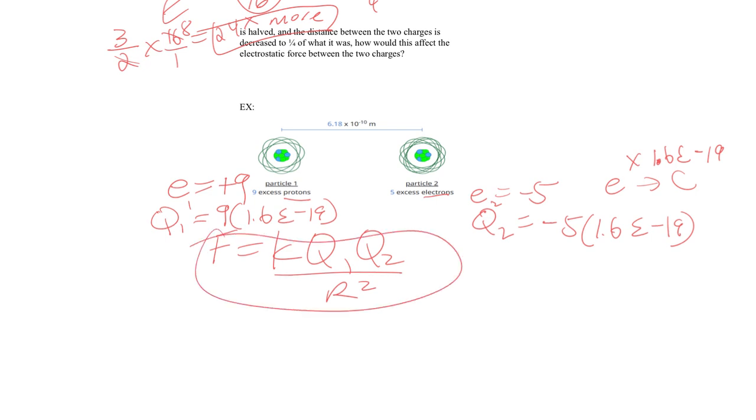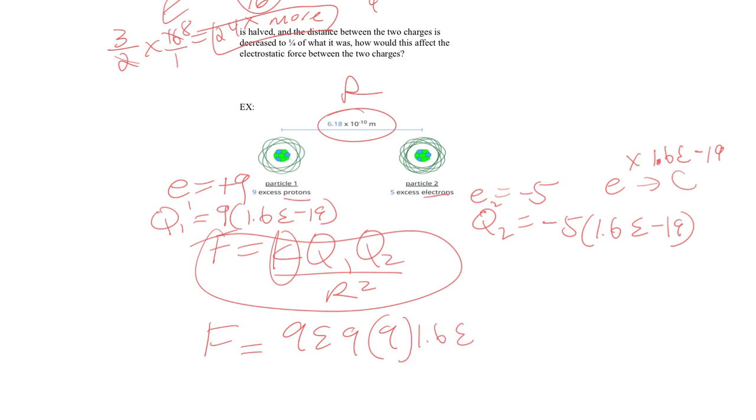Okay, now I'm going to plug in this equation, R. That's R, distance between them. So electrostatic force is 9 e to the 9. That's what K is. Q1 is 9 times 1.6 e to the negative 19 times 5.